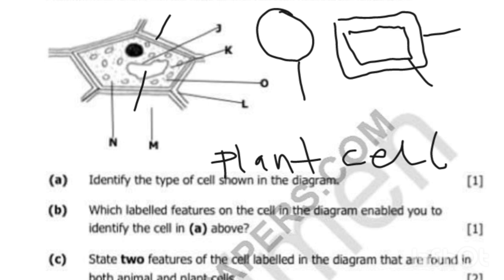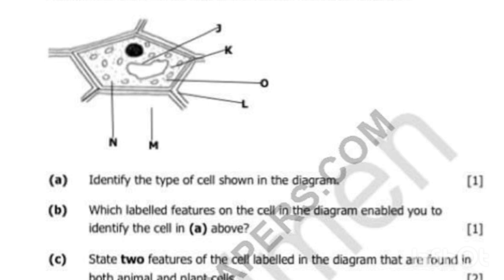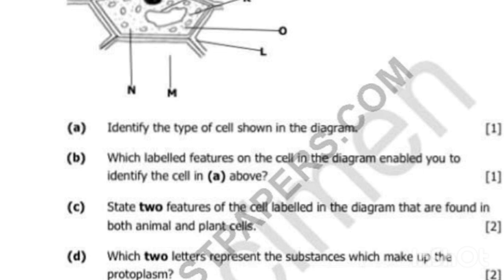No, but we have a vacuole. It is being labeled. So we can say J has helped us to identify it, which is the presence of the vacuole, which is very visible.